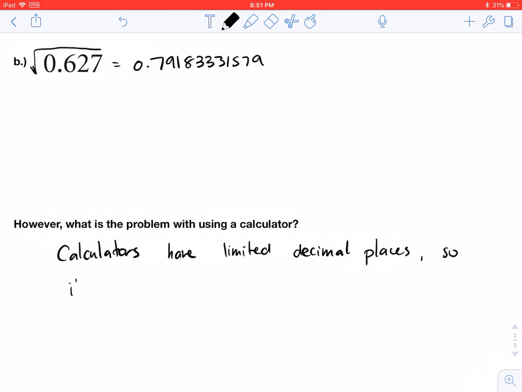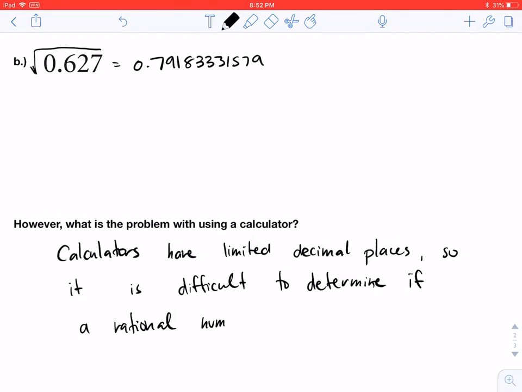So it is difficult to determine if a rational number is a perfect square.